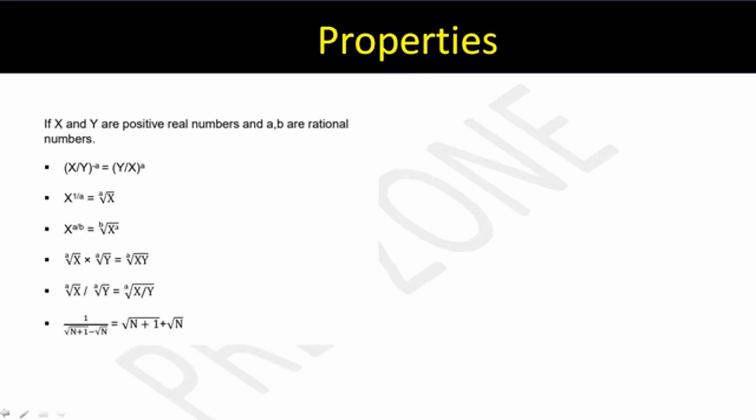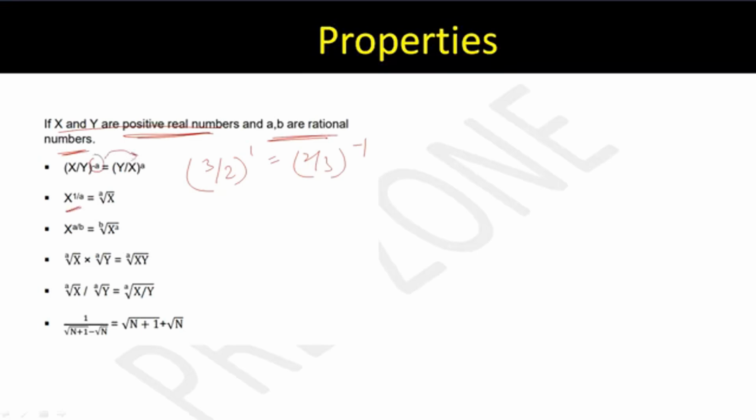If x and y are positive real numbers, and a and b are rational numbers, then this is directly the base changing theorem. It's the same as 3 by 2 to the power 1 is the same as 2 by 3 to the power minus 1, right? It's very simple. The sign is changing from minus a to plus a, so the value will reverse.